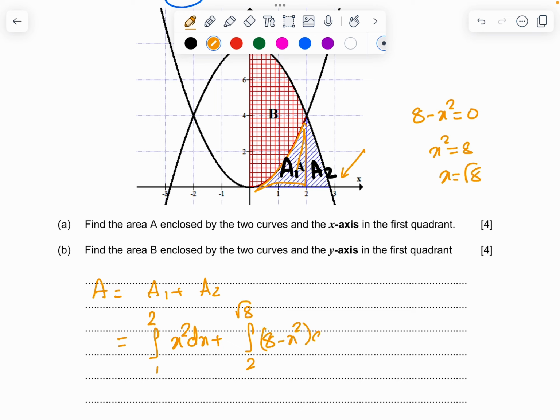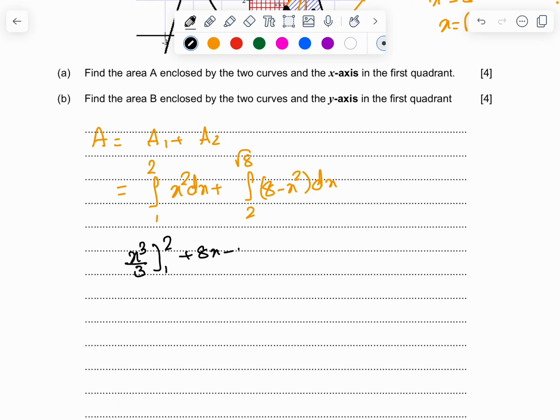So the integral of x square is x cubed by 3 from 1 to 2, plus 8x minus x cubed by 3 from 2 to root 8. It is 8 upon 3 minus 1 upon 3, plus 8 root 8 minus root 8 whole cube upon 3, minus 8 times 2 is 16, minus 8 upon 3.